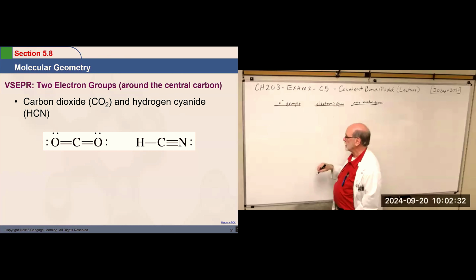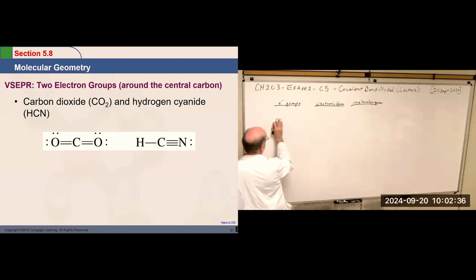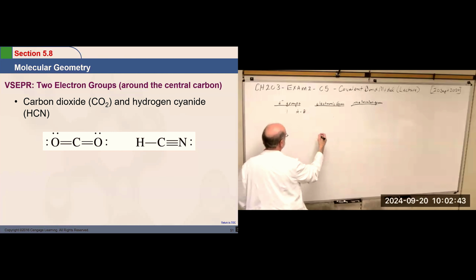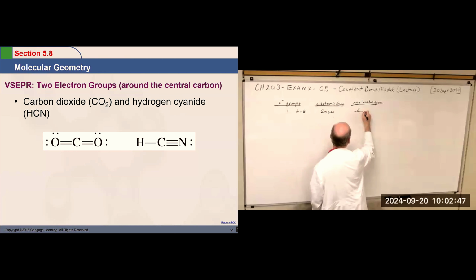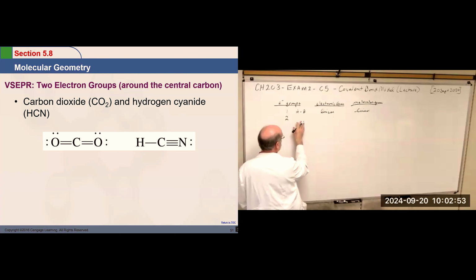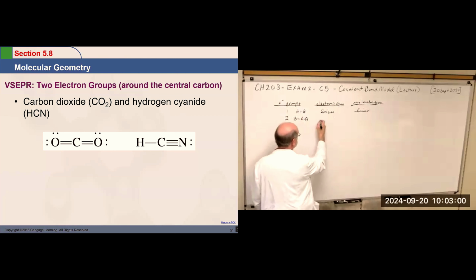Okay. So if we have one group, that's obvious, like we had A bound to B, it's got to be linear. There's no other option. If we have two groups, like B, A, and B, like that, two groups, that has to be linear also.